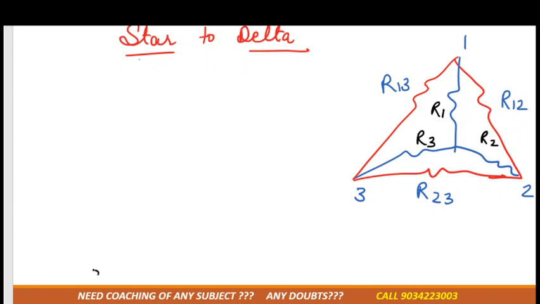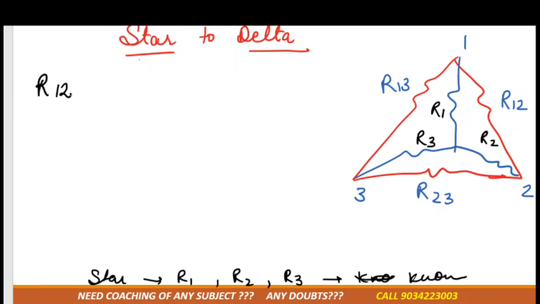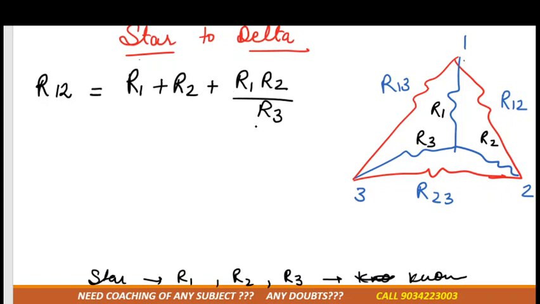Now we have star values, which means we know R1, R2, and R3. We need to calculate R12. R12 is connected between R1 and R2, so write R1 plus R2 plus R1 multiplied by R2 divided by the other resistance, that is R3.